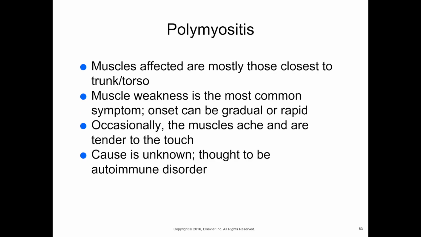Next is polymyositis. This is inflammation of the muscle fibers. Typically starts with muscles next to the trunk and torso. Gradual muscle loss of strength. History and physical exam, though, are major for this. You need to rule out other muscular conditions like muscular dystrophies, which there's dozens of. You have to think about drug toxicity. A big thing with that is statin medications, which are used for cholesterol, and we'll talk about that in a later lecture.